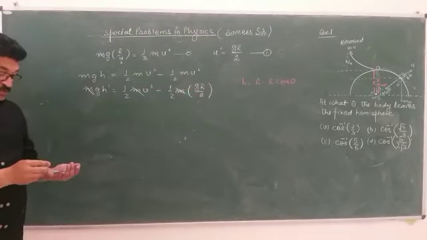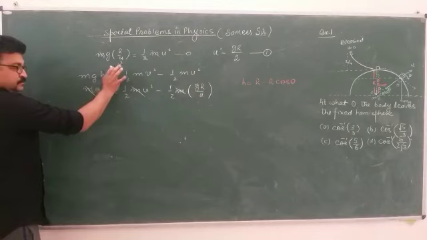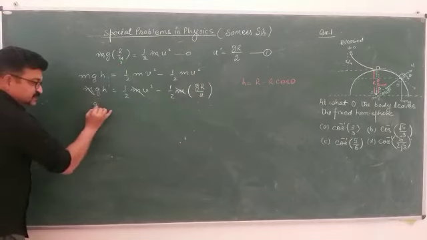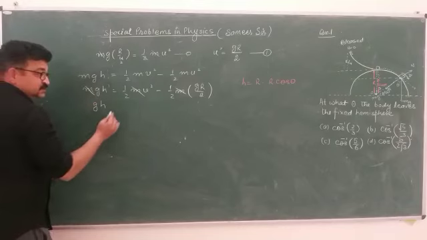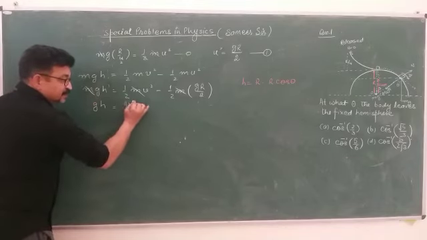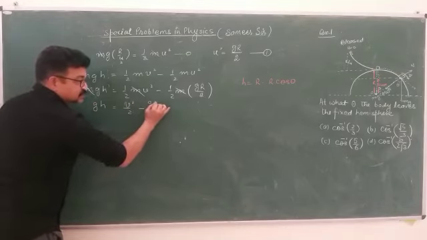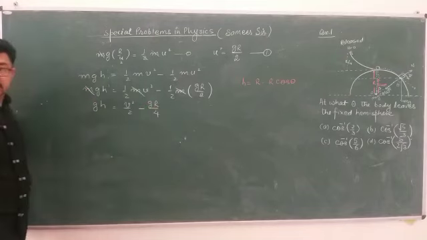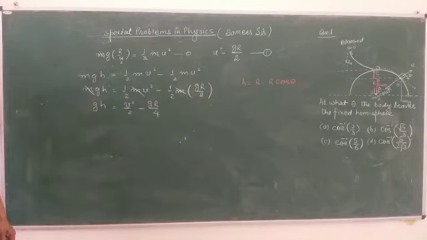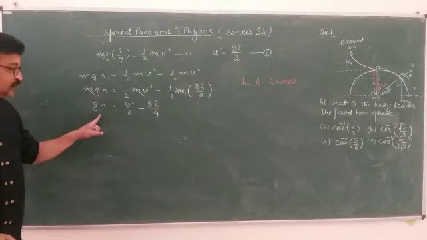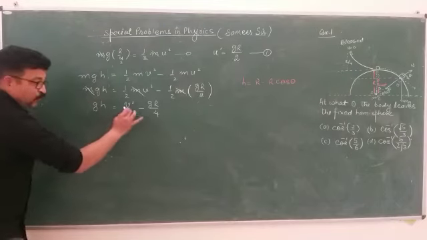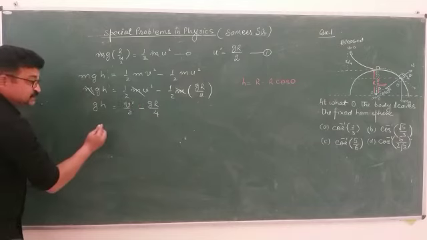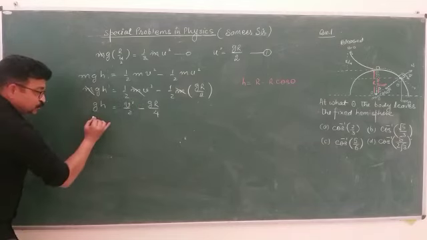Let's come to the main equation. This is g, this is called h, this is called v square by 2, and this is called gR by 4. If you have the equation like this, can you tell me what you will get as v square? Let's multiply the equation by 2.